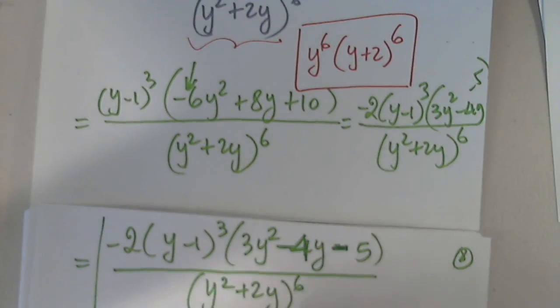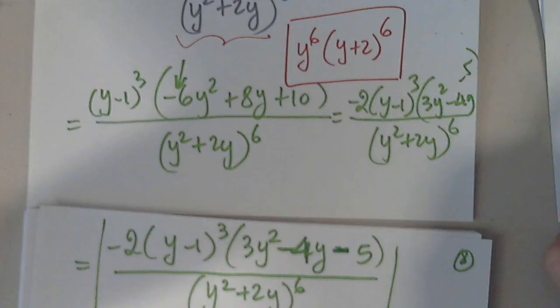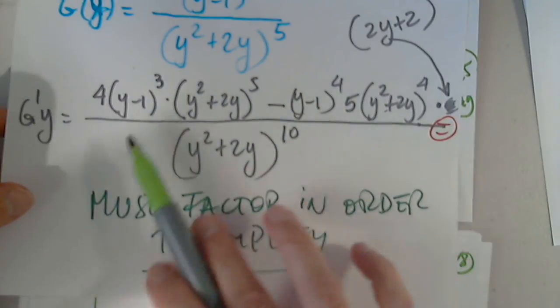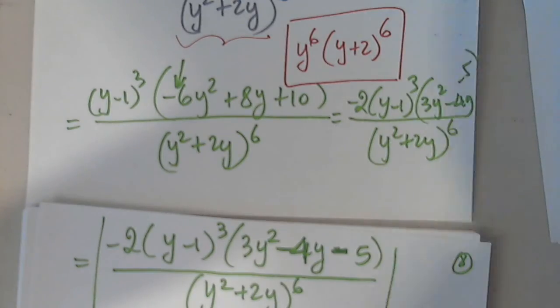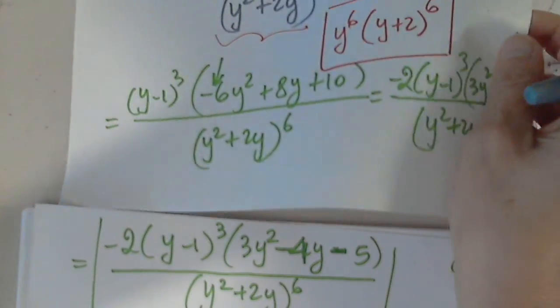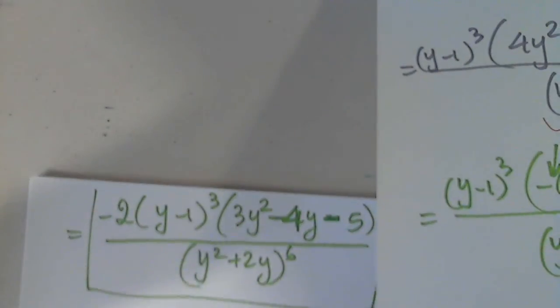And this is final. You understand that there is no other way of simplifying this but by factoring. Impossible. Absolutely impossible to simplify this unless we factor.